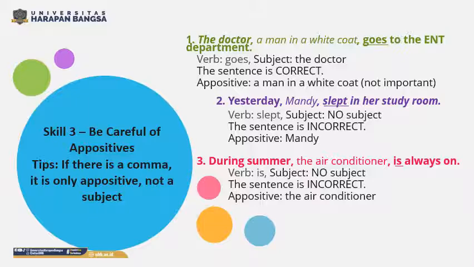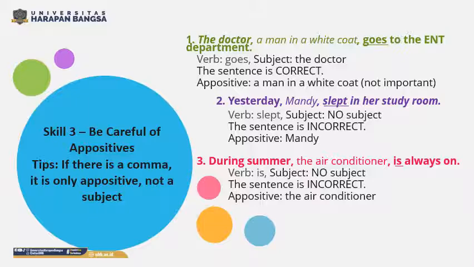Because here we have Mandy, but Mandy comes between two commas. So it is only an appositive. So that means there is no subject. Tidak ada subject. Karena Mandy hanyalah appositive.